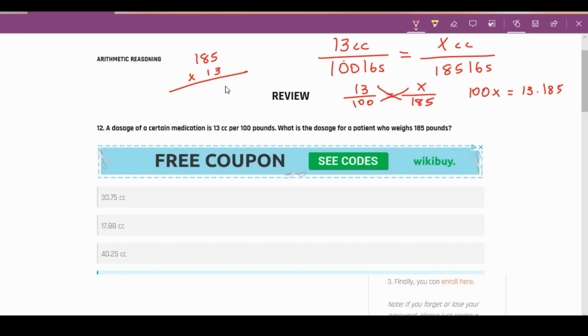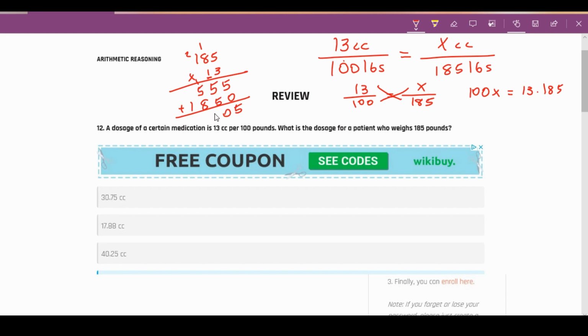5 times 3 is 15, carry the 1. 8 times 3 is 24, plus 1 is 25, carry the 2. 3 times 1 is 3, plus 2 is 5. Add a 0 since we're starting this number. 1 times 5 is 5. 1 times 8 is 8. 1 times 1 is 1. Let's add. 5 plus nothing is 5. 5 plus 5 is 10.